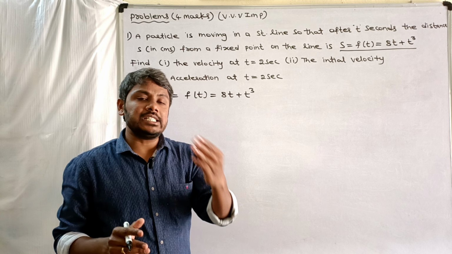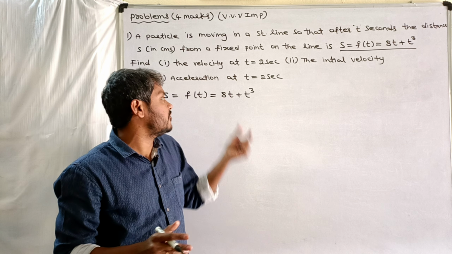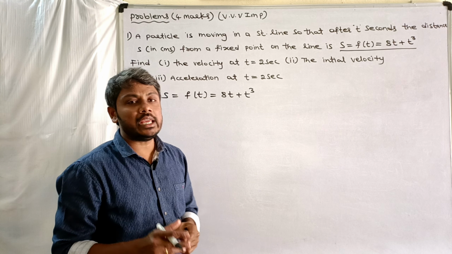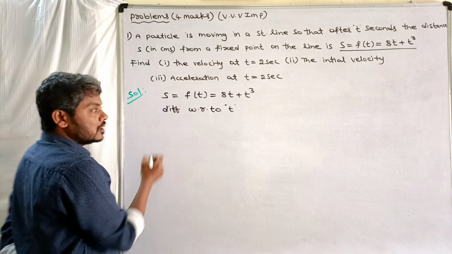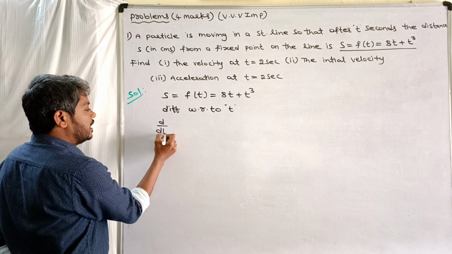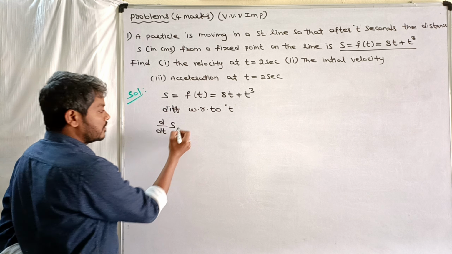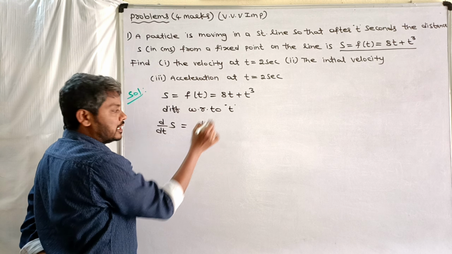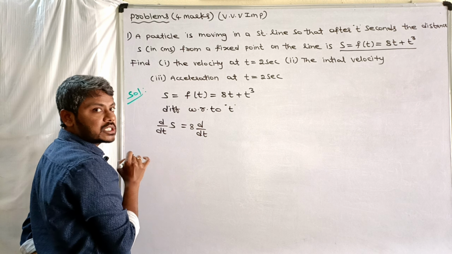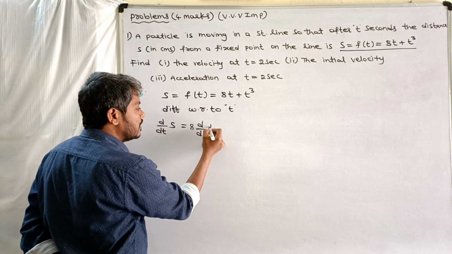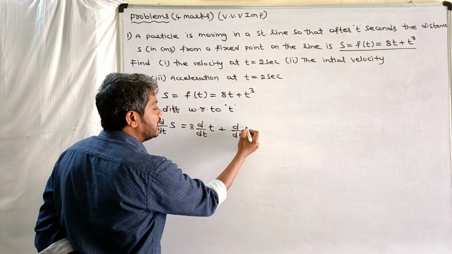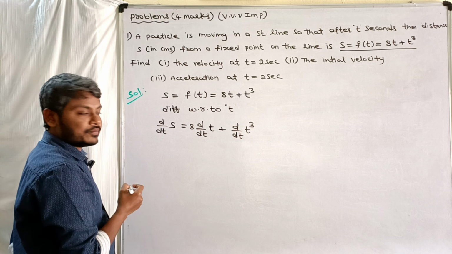We know that velocity is the rate of change of displacement function. So we have to differentiate with respect to t on both sides. That is d by dt of the left hand side. Right hand side, d by dt of 8t: 8 is a constant, outside of the derivative, t, plus d by dt of t cube.